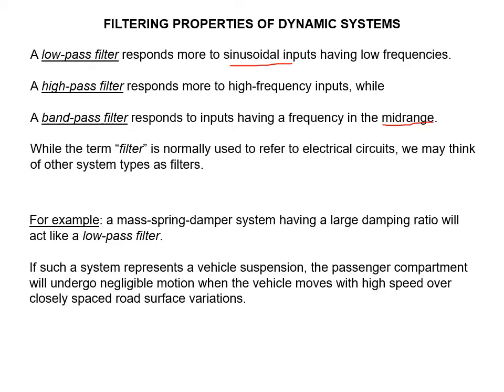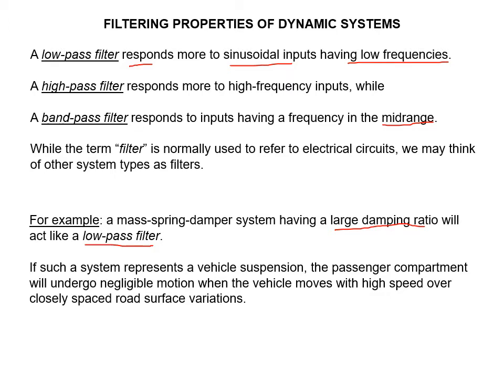Typically we use the term filter when we're talking about electrical circuits, but we may think of other systems as types of filters as well. For example, a spring mass damper system having a large damping ratio will act like a low pass filter. So this will respond more to our low frequencies. Where do we see these types of systems?